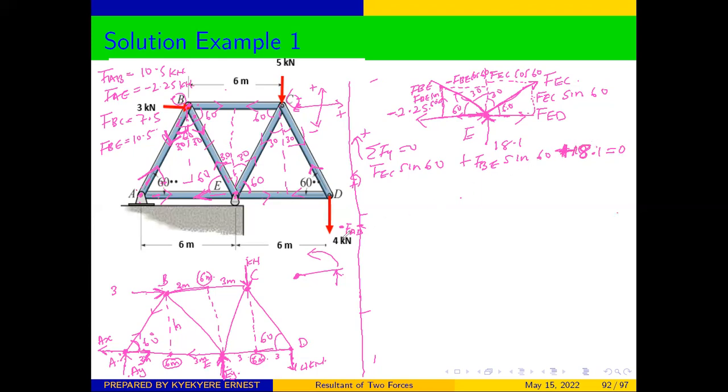And from here, we have already calculated our FDE. Our FDE is 10.5. Therefore, we are going to get FEC sine 60 will be equal to negative 18.1 minus 10.5 times 0.5.